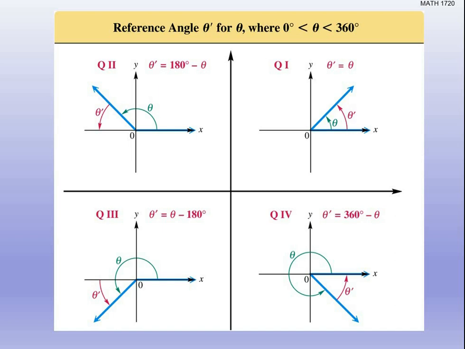In every single one of these, the theta prime, the one that's in pink, is always going to the x-axis, in the top 2 and the bottom 2 alike. So it's whatever angle forms between the original angle and the x-axis on that side. Very, very important.